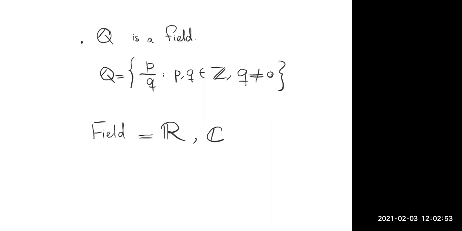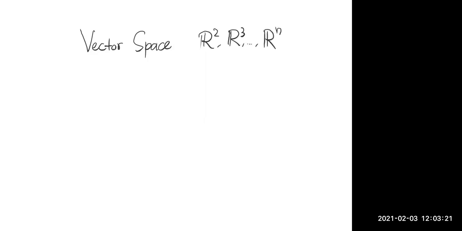No? Okay. The second concept which we are going to deal with, and it is important, is the concept of vector space. A vector space is what you probably already have in mind. It's something like, for example, R2 or R3, or more generally, Rn. Like vectors in the plane, vectors in three-dimensional space, and so on.